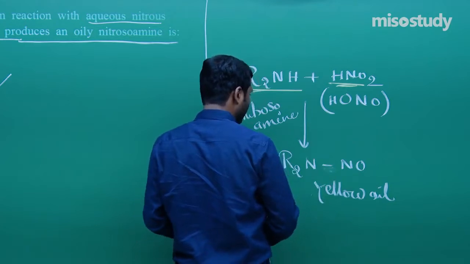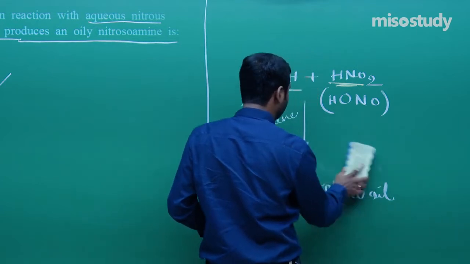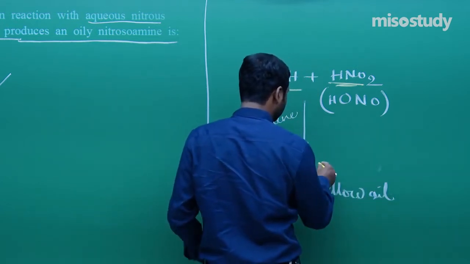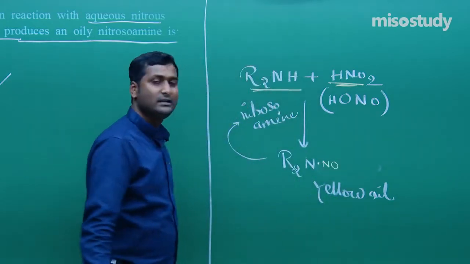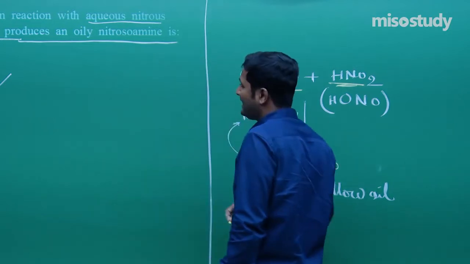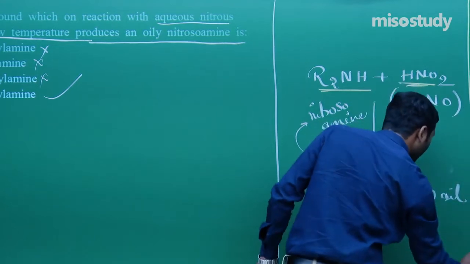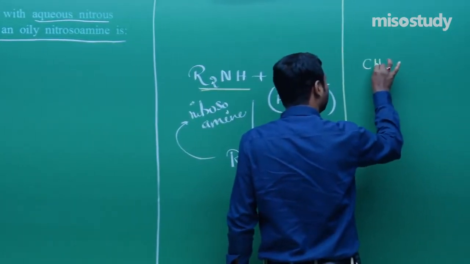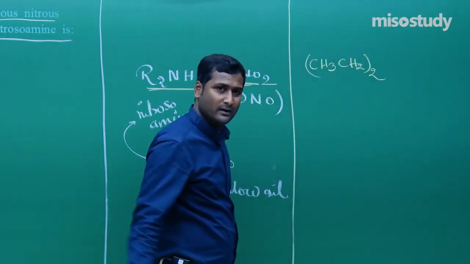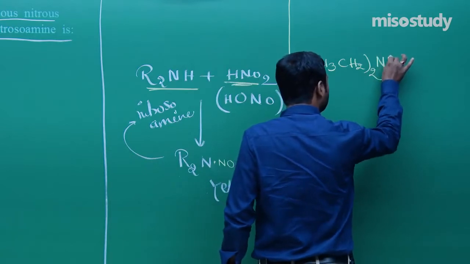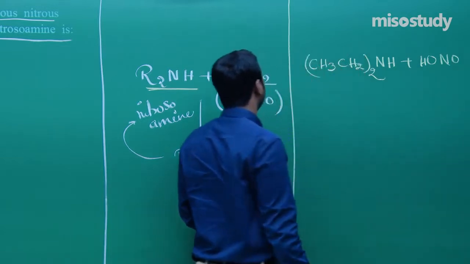That is the resonating structure R2N-NO, or simply it can be written like this, R2N-NO. Clear to you? This is the yellow oil. So for this we say the amine is diethylamine, that is, (CH3CH2)2NH plus HONO.